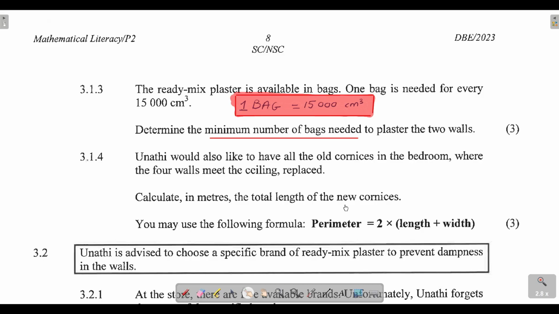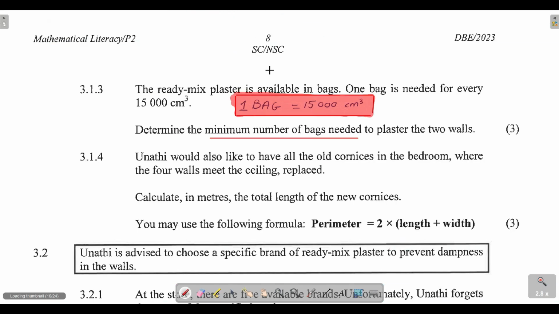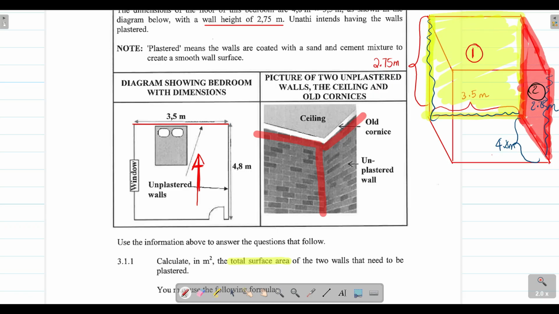But nicely, they've just given you the formula that you need to use. Perimeter is equal to 2 times length plus width. So we're going to use that formula. All that we now need to determine is what is our length and what is our width. Even when you're just looking at the top, the cornice is just the outline of these walls.